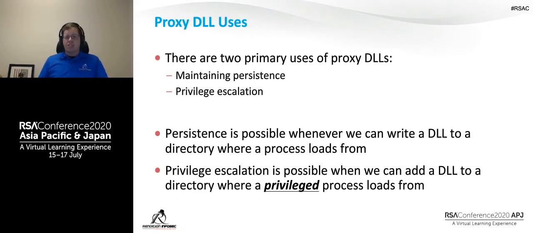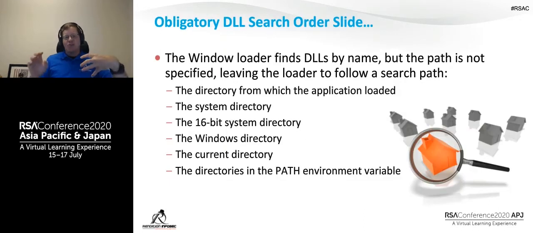So talking about proxy DLLs, before we get further into this, I'm going to assume that you have some experience with DLL sideloading or DLL search order hijacking, but in case you don't, I want to quickly walk through the search order for DLLs. The Windows loader finds DLLs by name, but the path isn't specified. This is actually intentional.